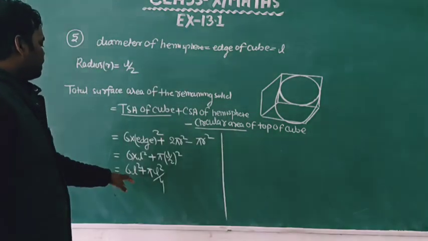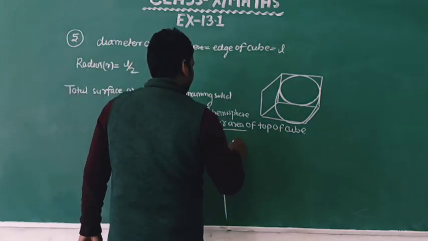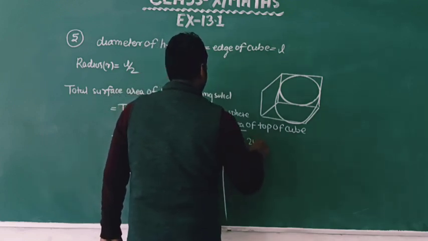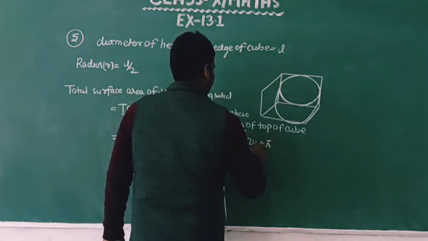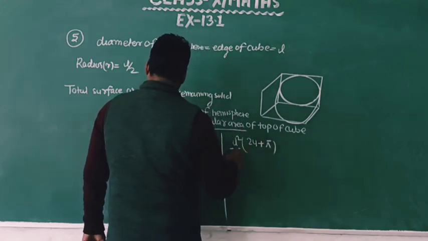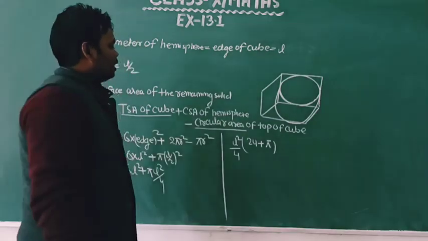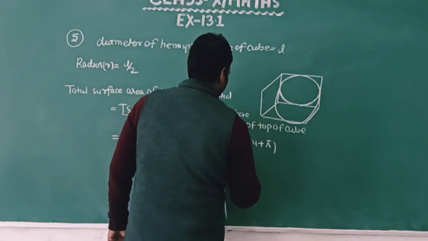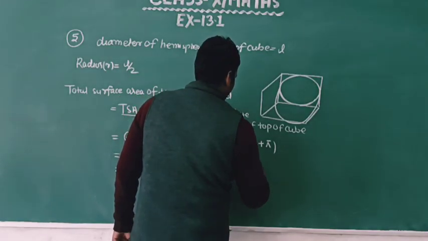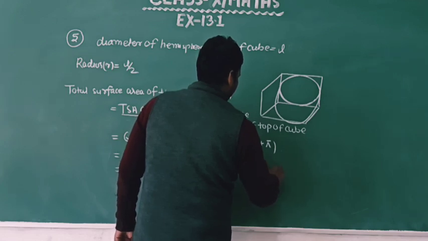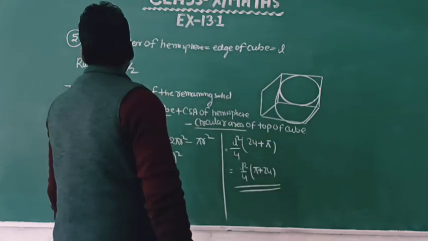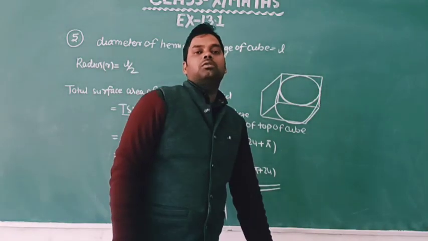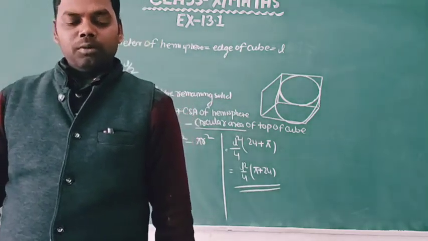Taking L square common, the expression becomes L square by 4 into bracket pi plus 24. This is the total surface area of the remaining solid. I hope this is clear.